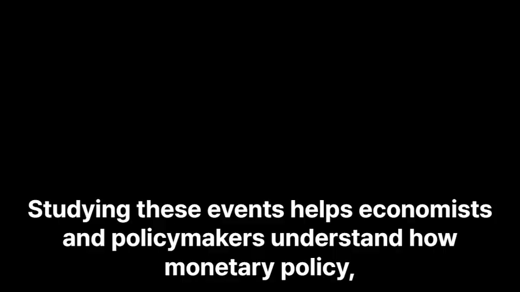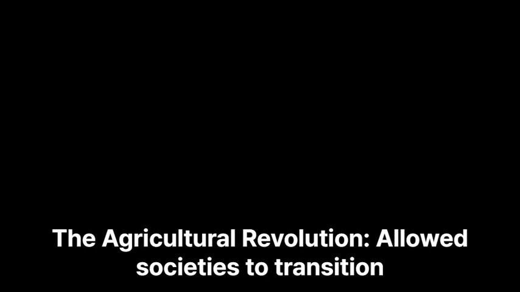Studying these events helps economists and policymakers understand how monetary policy, fiscal responses, and regulatory frameworks can stabilize financial markets and prevent systemic collapses. 5. Technological innovation and industrialization. Economic history highlights how technological advancements have shaped economies over time. Key innovations include the agricultural revolution, which allowed societies to transition from hunter-gatherer lifestyles to settled economies.